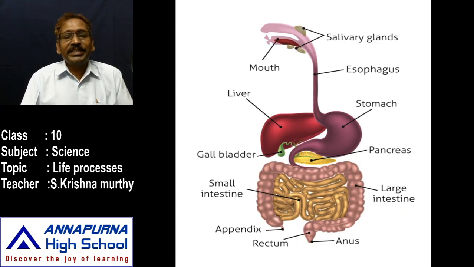What is meant by ingestion? The process of taking food into the oral cavity for partial digestion is known as ingestion. After ingestion, the food is partially digested in the oral cavity and stomach, that is digestion.